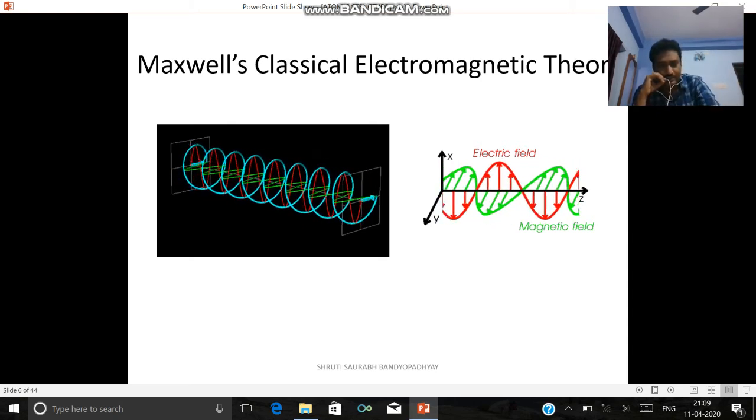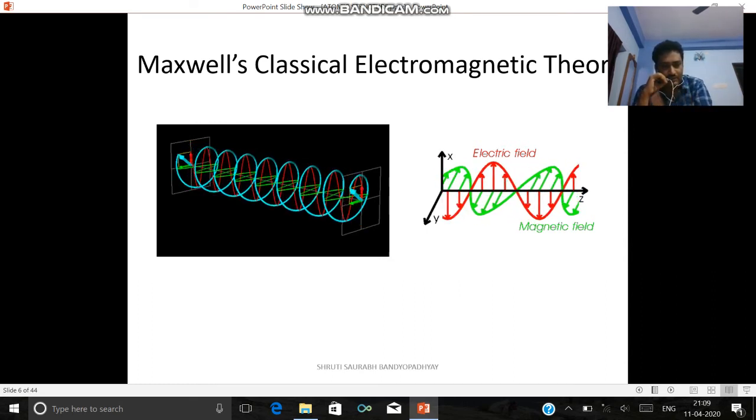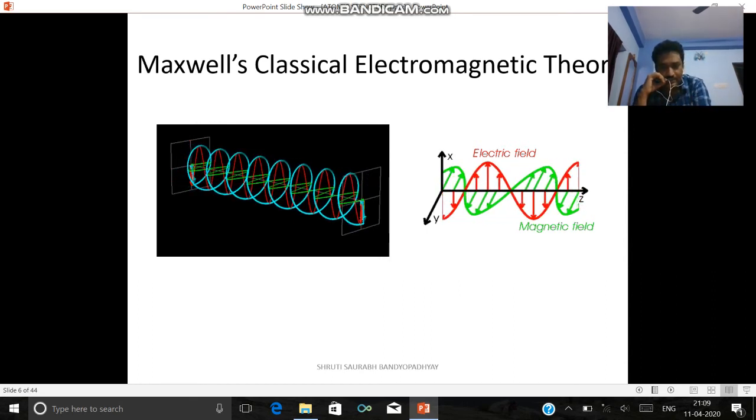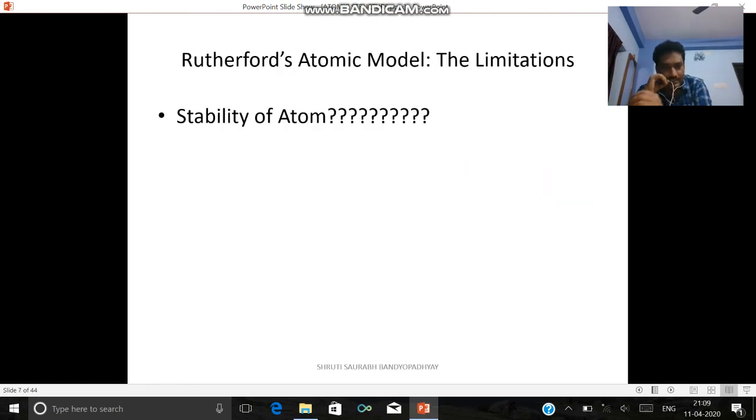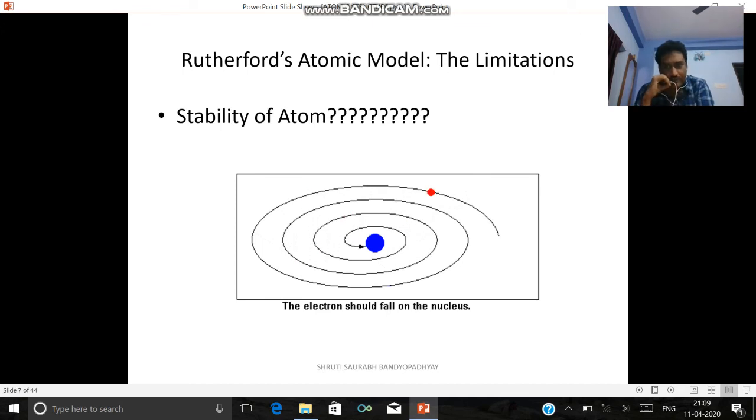That means they will lose energy continuously, so that the distance from the nucleus will decrease continuously, and ultimately it will fall onto the nucleus along a spiral pathway like this. Boom! Rutherford's atom would thus get destroyed.